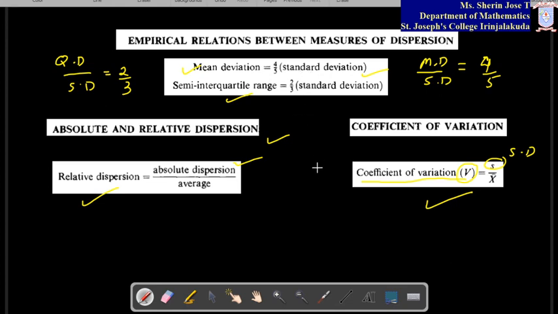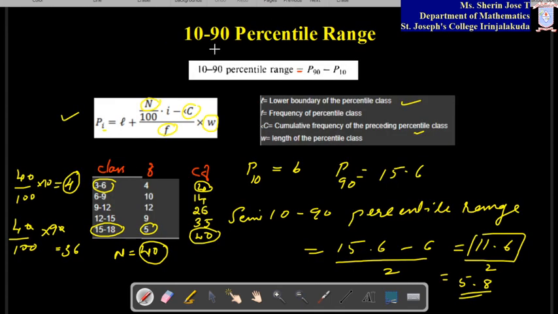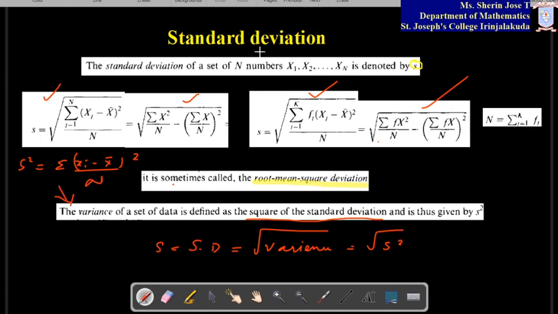You have to do one problem corresponding to each of these from the exercise. First, for the 10 to 90 percentile range, choose any problem from the exercise that is not worked out. Then solve a problem for standard deviation, preferably with frequency data; the other one is easy.